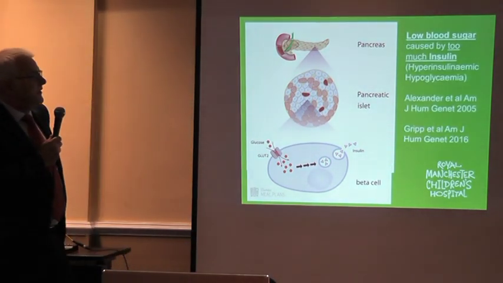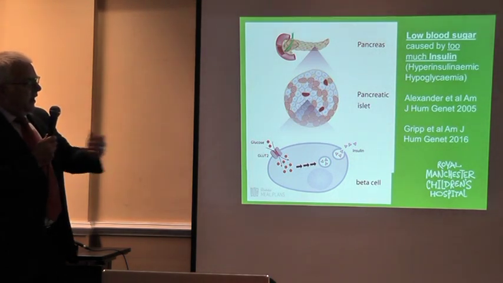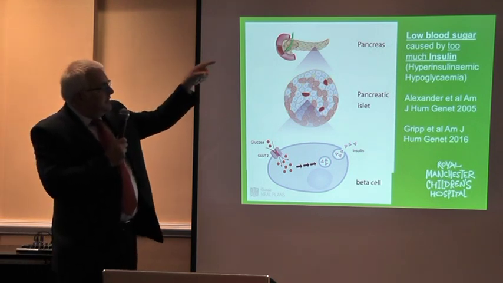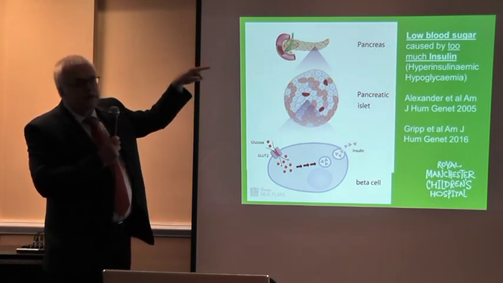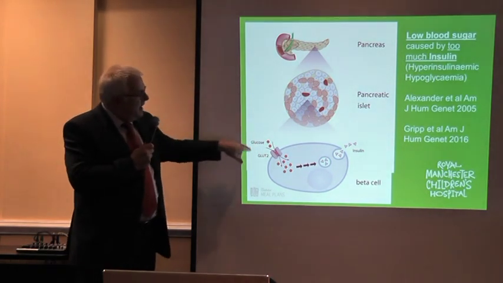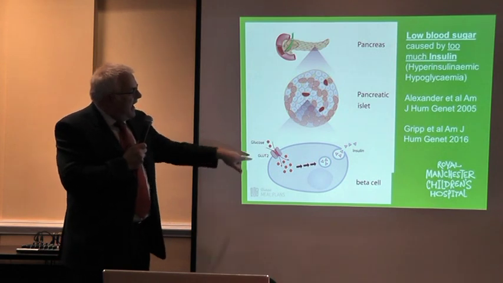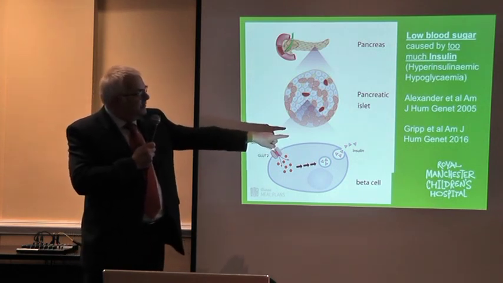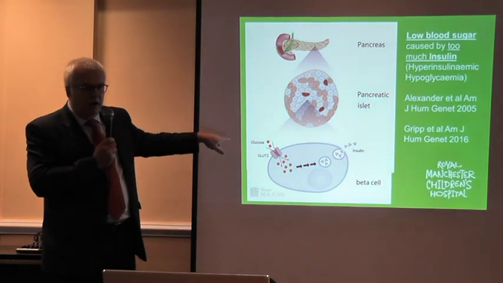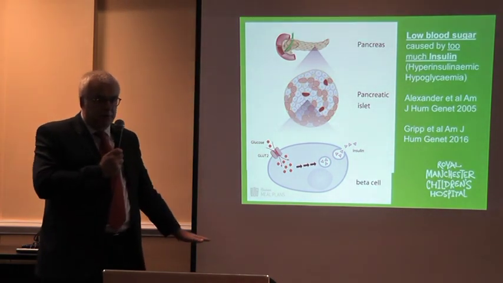And what happens in some cases of Costello is that you generate a low blood sugar because there's too much insulin. So there's a kind of mismatch of this system, and the cell decides it's going to produce more insulin than is needed for the level of glucose in the blood, and therefore the glucose level drops.